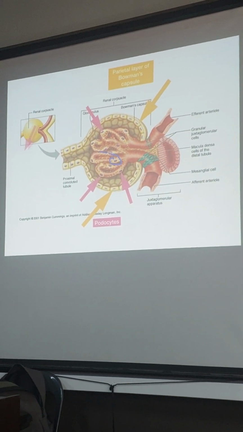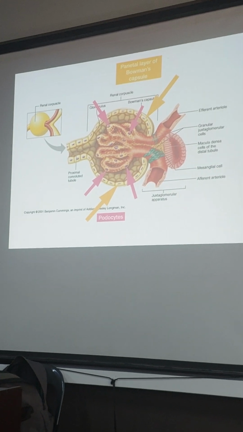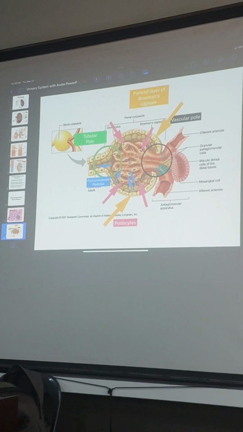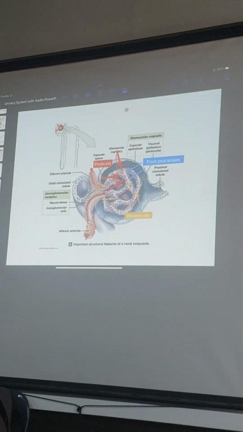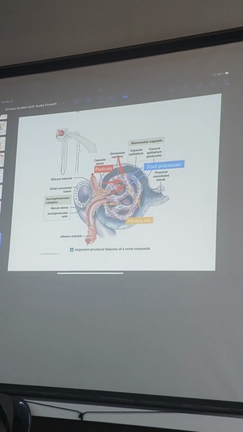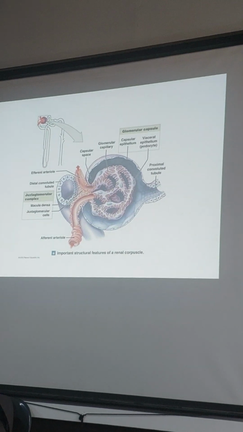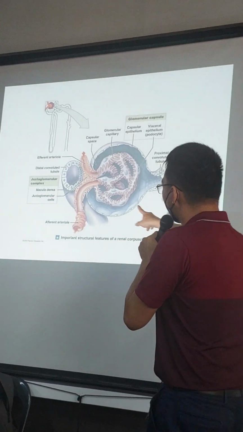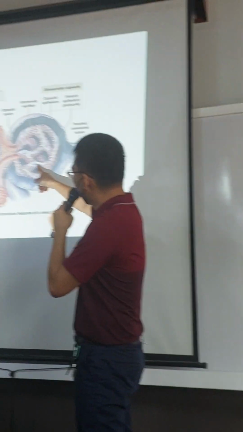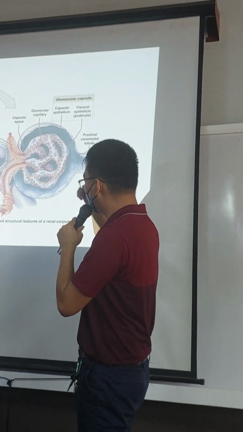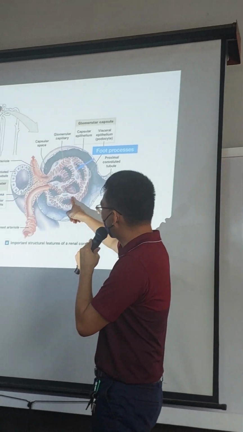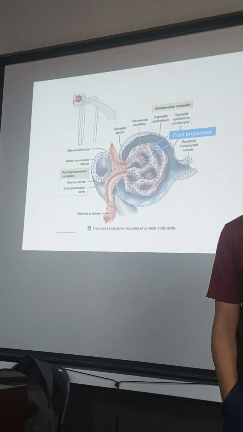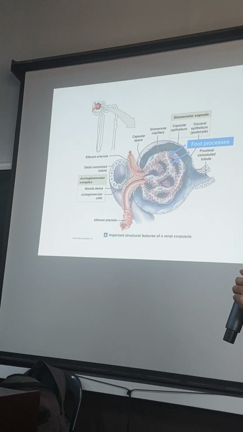I have another picture of the glom. Here's another picture. You see the podocytes are here. These are the pedicels, and they wrap around the capillary, and they have little openings where you can see part of the capillary. Those are the filtration slits.